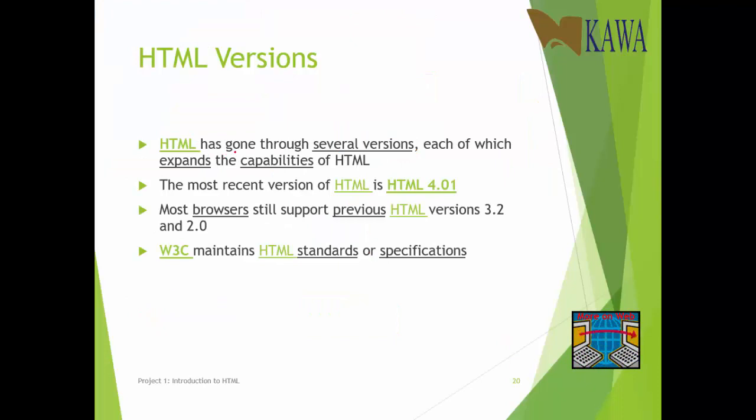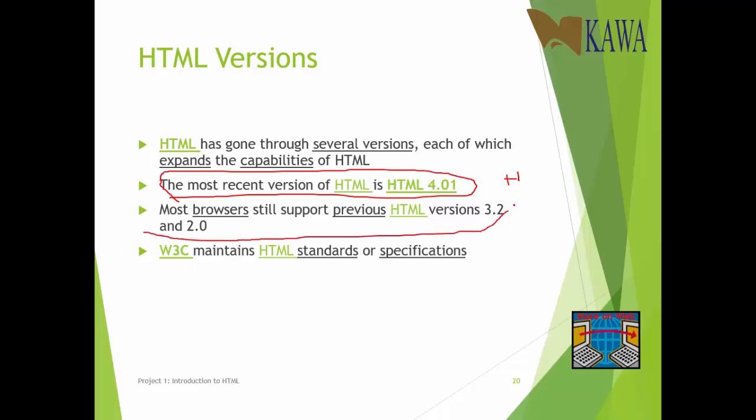HTML versions. HTML has gone through several versions, each of which expands the capability of HTML. The most recent one was that, but currently we are in HTML5. Most browsers still support previous versions, and W3C maintains high standards and specifications which are followed by all browsers.